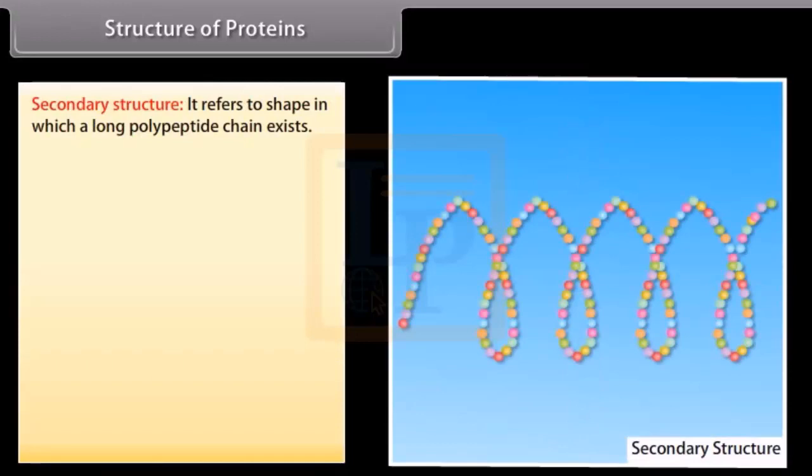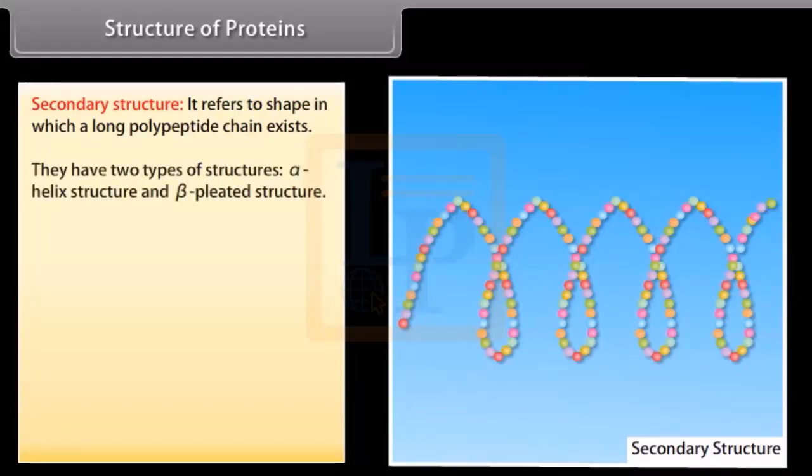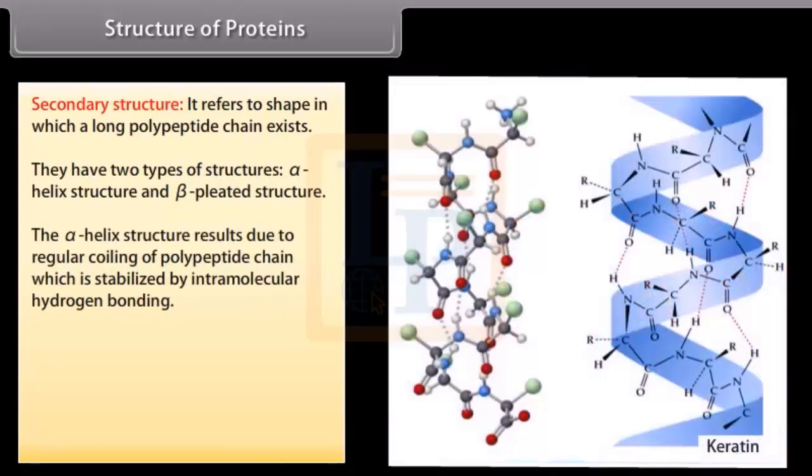Secondary structure. It refers to the shape in which a long polypeptide chain exists. They have two types of structures, alpha helix structure and beta pleated structure. The alpha helix structure results due to regular coiling of the polypeptide chain, which is stabilized by intramolecular hydrogen bonding. For example, keratin.